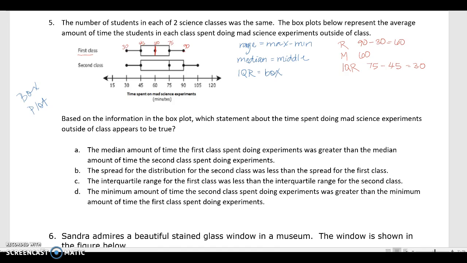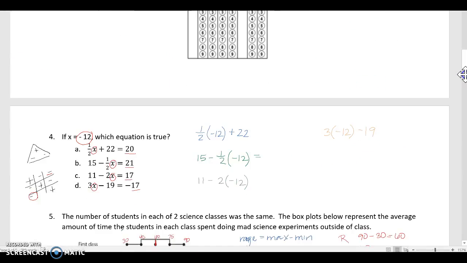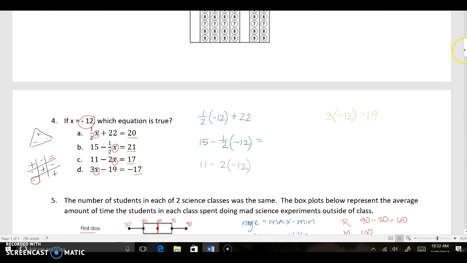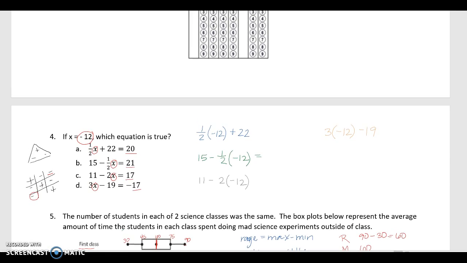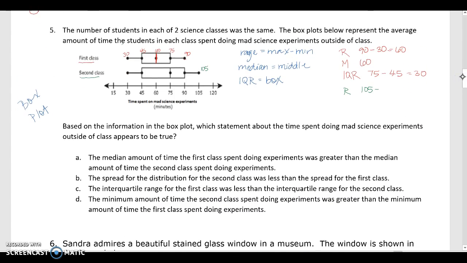And then we're going to do the same thing for the second class. So the second class, we had a maximum of 105. And we subtract the minimum of 30.